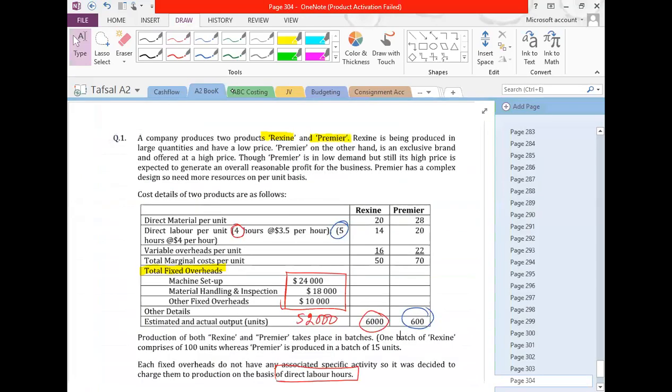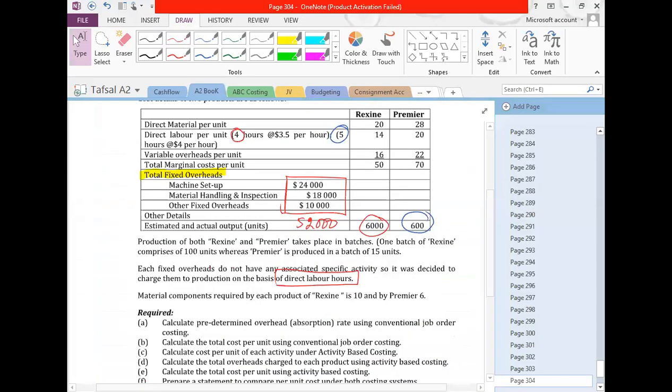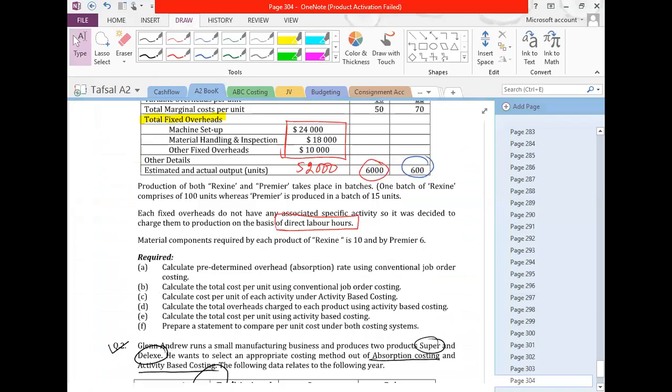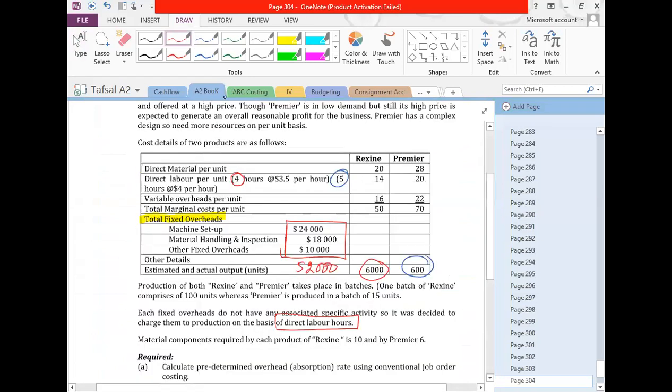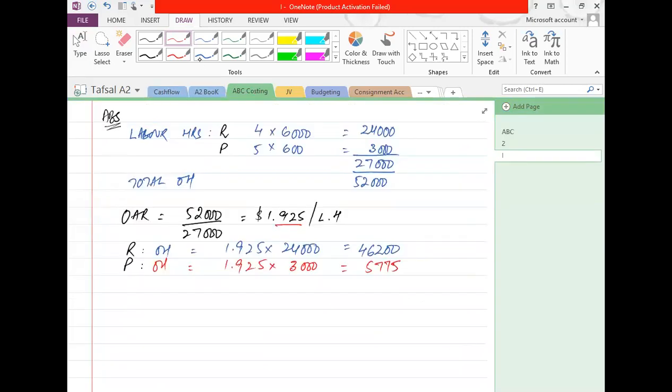what was the requirement of the question? The question asked you to calculate overhead absorption rate, then total cost per unit. Now for per unit, Rexine overhead per unit should be 46,200 divided by 6,000. Calculators.